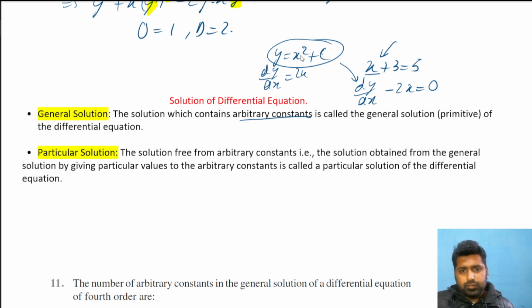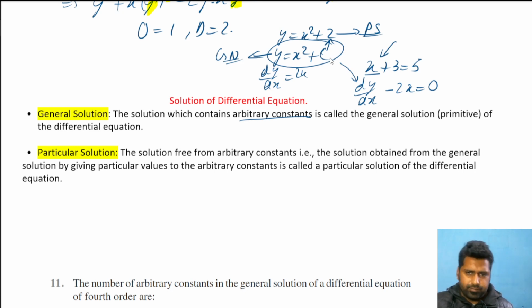If you know the value, means you know that y was actually x square plus 2, let's say, you know the value of arbitrary constant is 2, then you'll say that yes, the kind of solution this is will be particular solution. So this one is called general solution, this one is called particular solution. If you know all the constants' values, it is particular; if you don't know, they are called arbitrary constants. Okay.